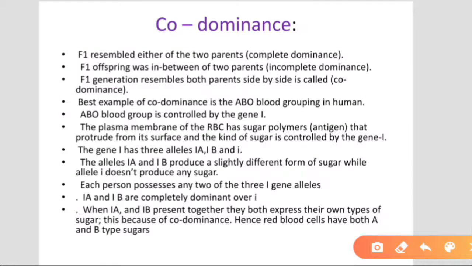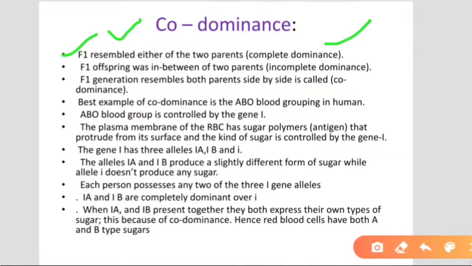So as you see, codominance. Before this topic, in the previous one we studied that if in the F1 generation only one parent's character is expressed, for example either tallness or dwarfness, then it is called complete dominance.